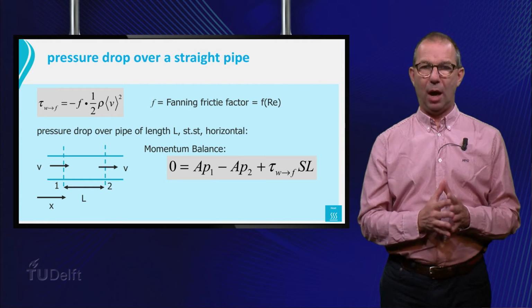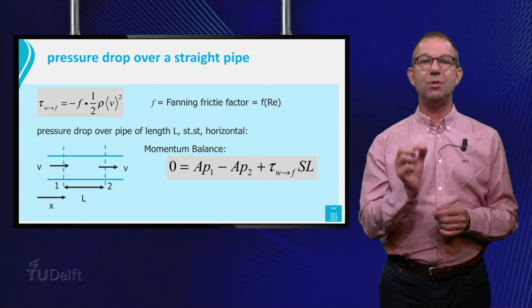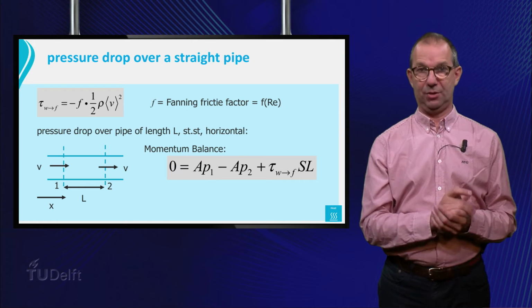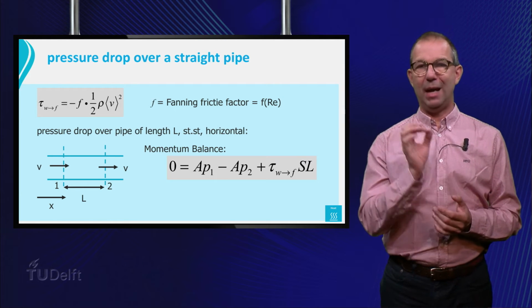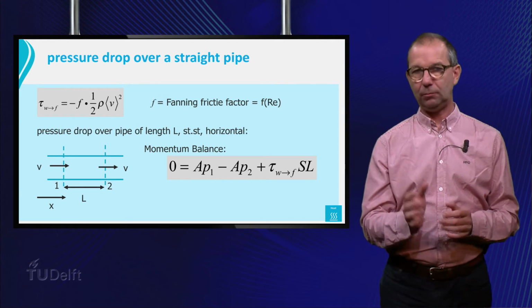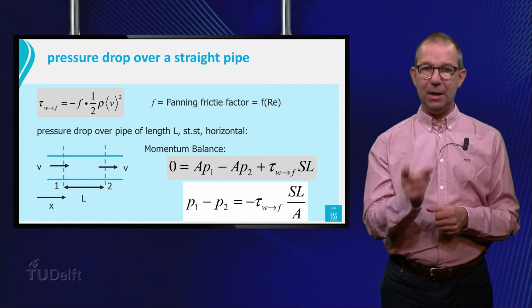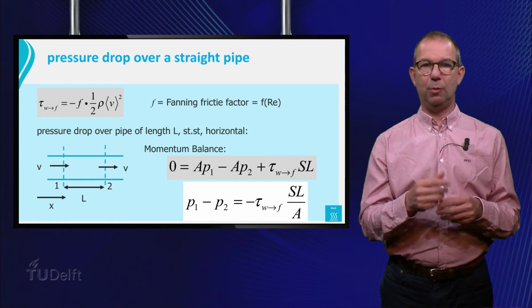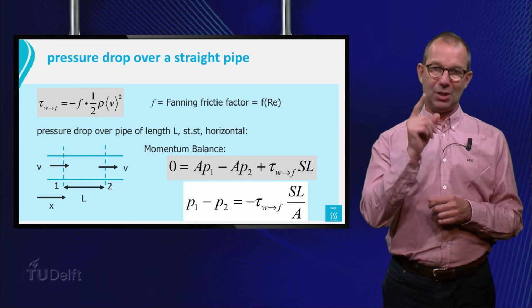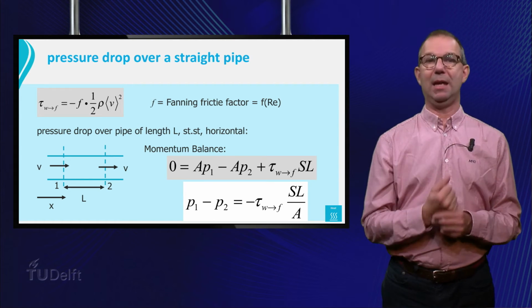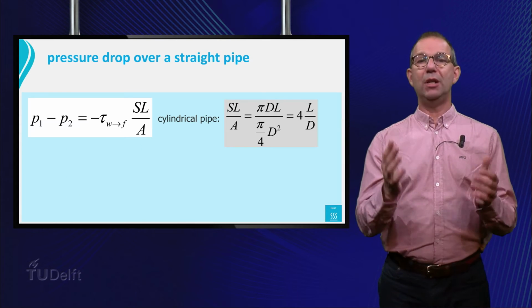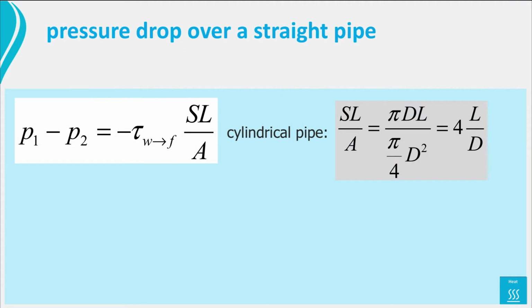For this area we write tube length times the wetted wall perimeter, and denote this by S times L. Now we can back out the pressure drop over the length L. P1 minus P2 equals minus τ times SL over capital A.